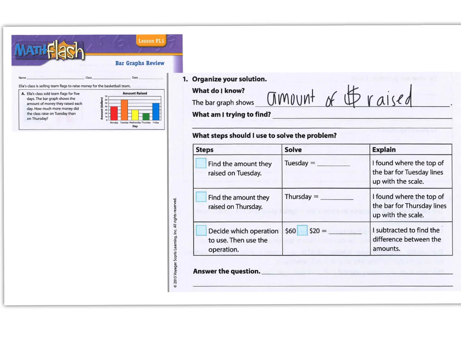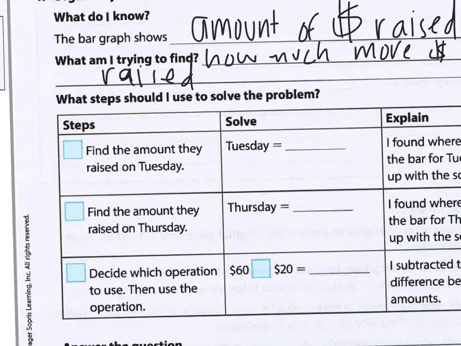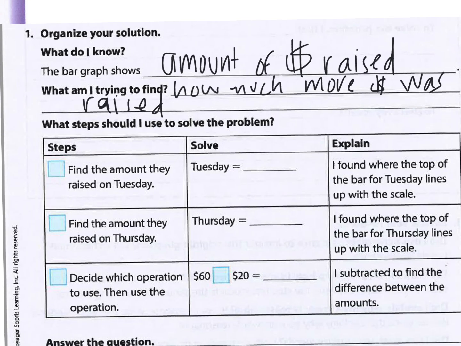So we would write, how much more money was raised Tuesday, I'm going to have to zoom in here to make it bigger again, was raised Tuesday compared to Thursday.